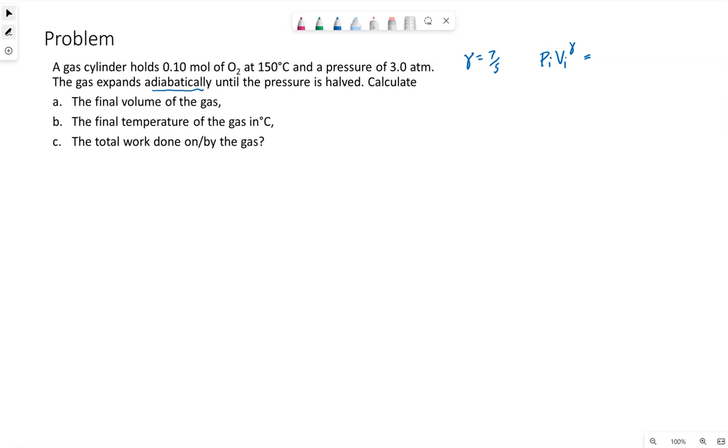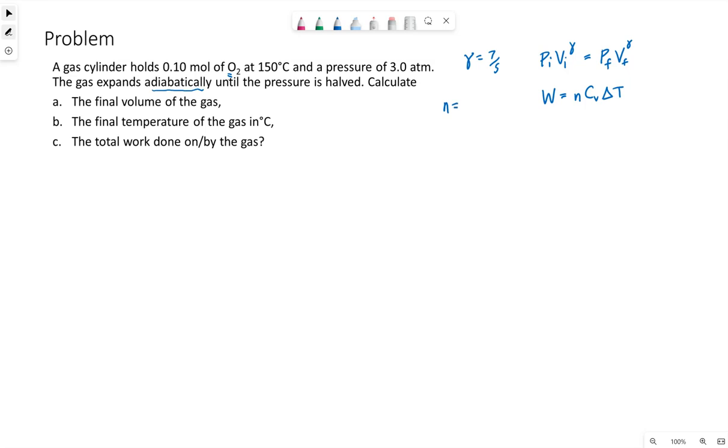So the relationship we have between pressure and volume is this. The 7/5 again comes because this is oxygen gas, O2, so two oxygen atoms bound together.